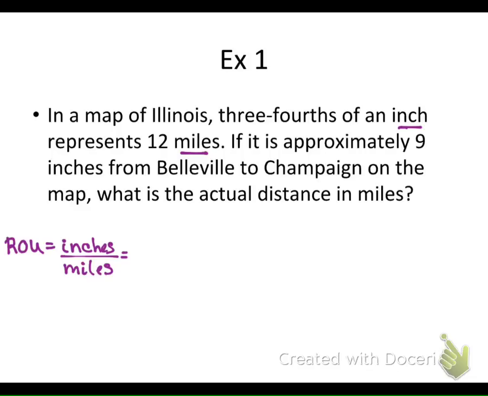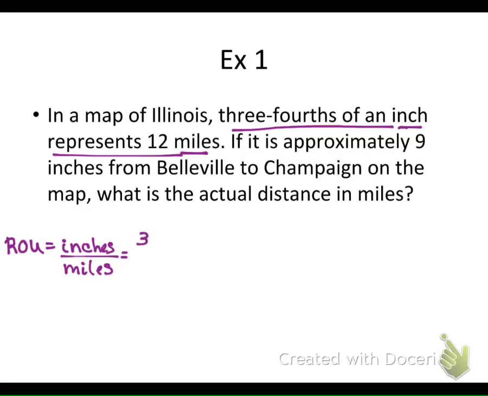Now let's reread our information. In a map of Illinois, 3/4 of an inch represents 12 miles. They're giving us two numbers there, right? There's our first ratio, our first comparison. How many inches are they talking about? Is that going to go on top with inches or on the bottom with miles? That's going to go on top.